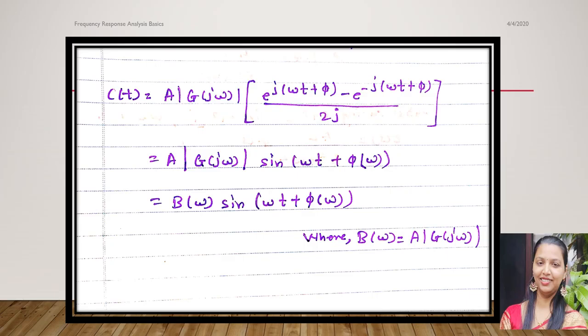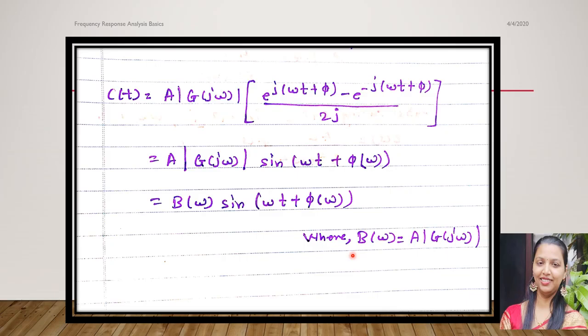Taking Laplace inverse on both sides, we get c(t) equal to A magnitude G(jω) into (e raised to j(ωt plus φ) minus e raised to minus j(ωt plus φ)) upon 2j, equal to A magnitude G(jω) into sin(ωt plus φ(ω)), equal to B(ω) into sin(ωt plus φ(ω)), where B(ω) equal to A magnitude G(jω).